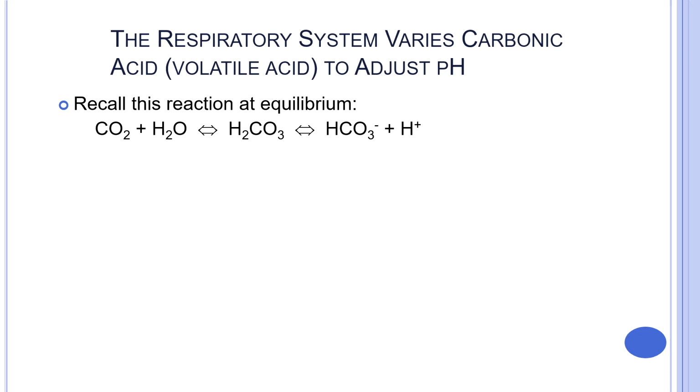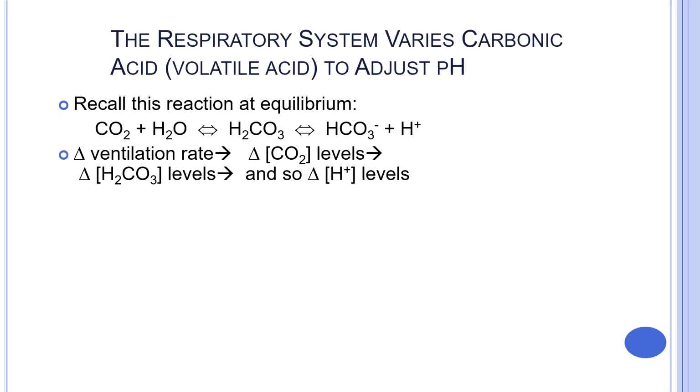And the change in our carbon dioxide levels will lead to a change in our carbonic acid levels, and so a change in our hydrogen ion levels. So as carbon dioxide decreases, this formula will shift to the left to create more carbon dioxide, and that will get rid of more hydrogen ions, which will raise the pH level to become more alkaline.